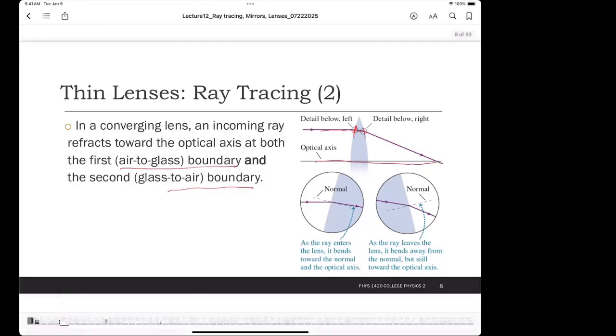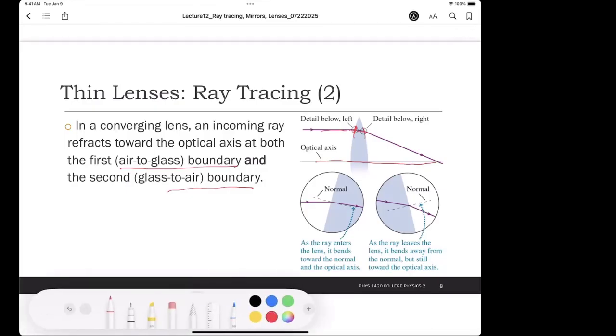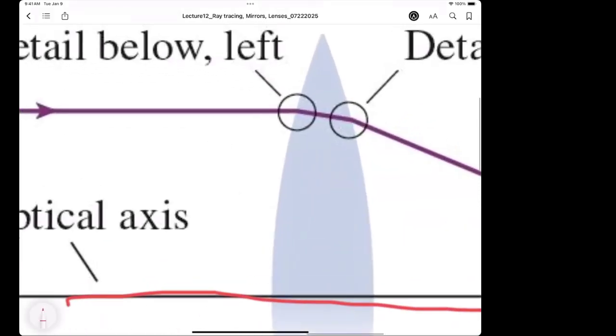Because if you draw the norm, let's try to draw the norm. This is the surface, and if this is the norm, you can see, because the index of refraction of glass is bigger than the air, this angle is smaller. Am I right? So the ray will bend and go in this direction.